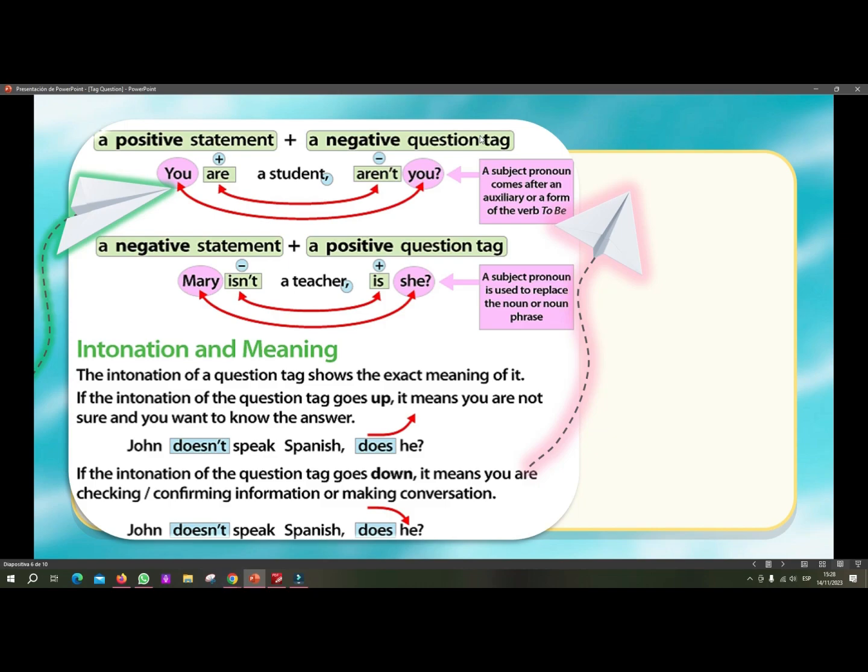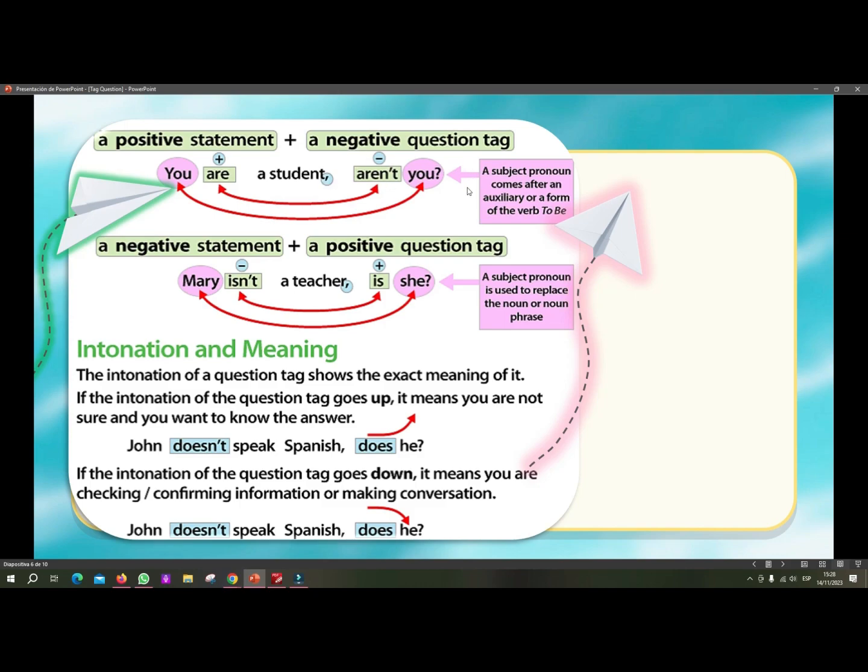Also, a positive statement plus a negative question tag. That is what I told you: if you have, you are a student, that is a positive statement, so you need to have a negative question tag, right? And also you're going to use a comma in this case. So, you are a student, comma, aren't you?